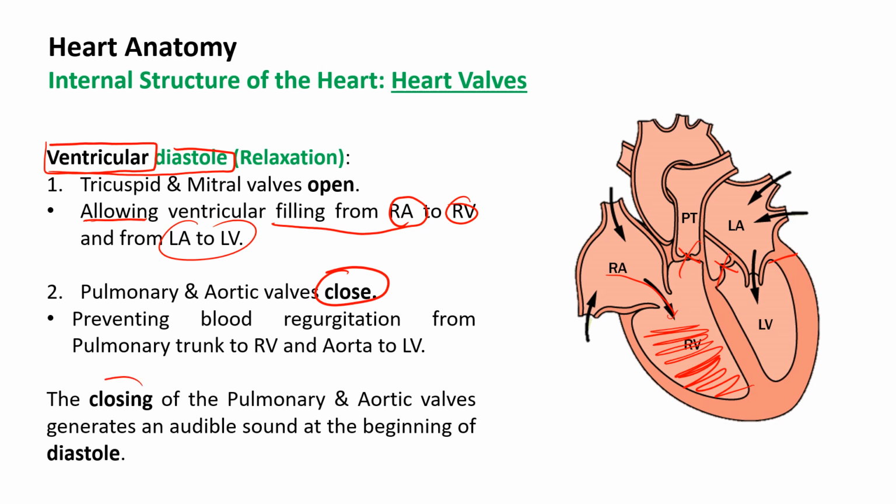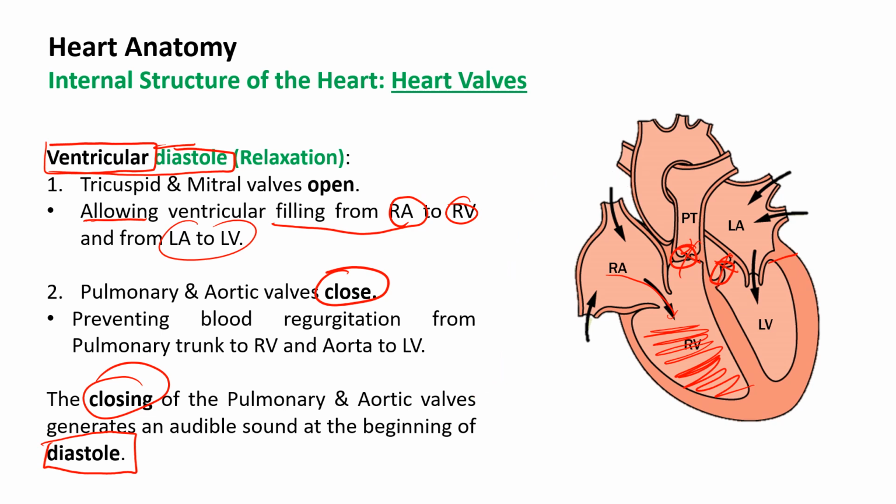The closing of the valves is what generates sounds. Okay, so in this case, the sounds that we can hear at this specific moment in diastole are generated by the closing of the pulmonic and aortic valves.